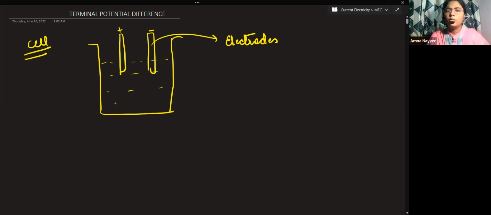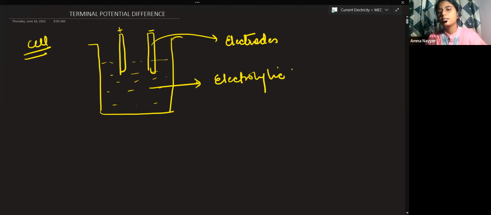This I think you must have done in your electrochemistry, or you will do it in your electrochemistry. So a cell comprises these electrodes dipped into the electrolytic solution.